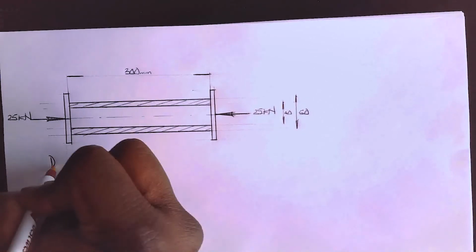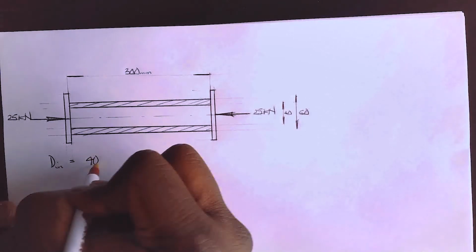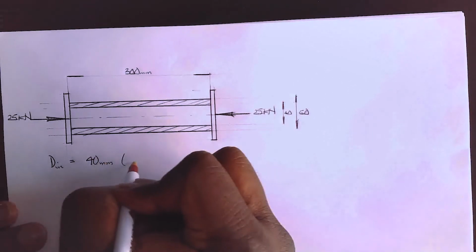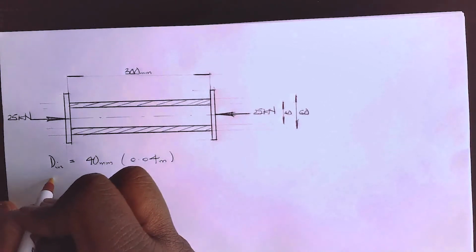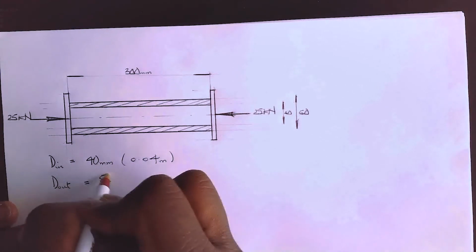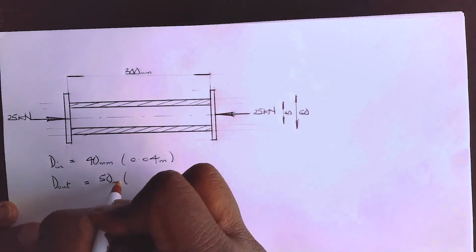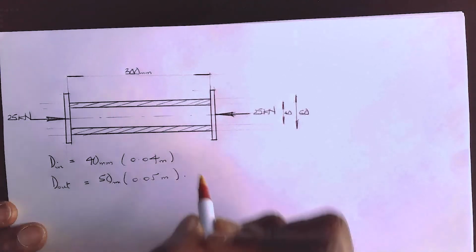So d_in is equal to 40 millimeters, so that's the same as 0.04 meters. Diameter out is equal to 50, so that's the same as 0.05 meters.